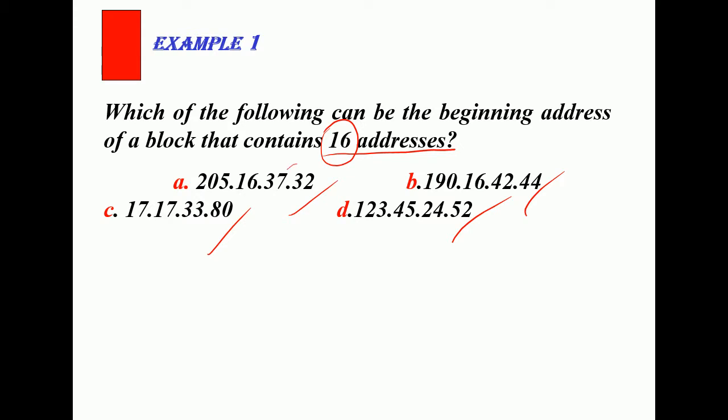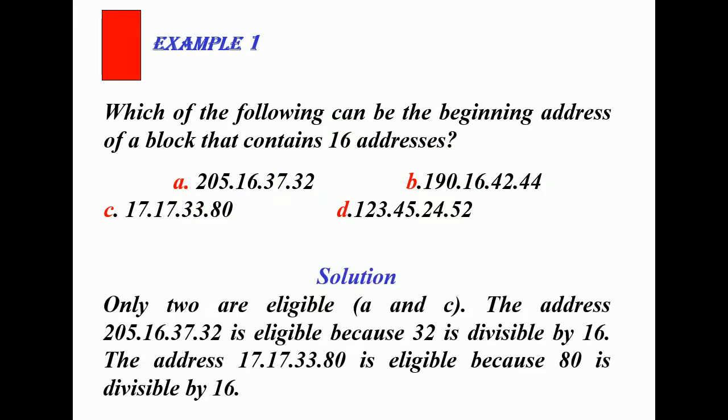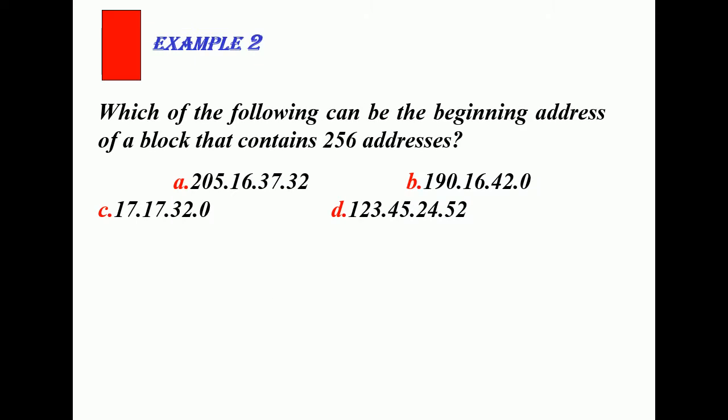So only A and C are divisible by 16, as you can see, right? So A and C will be the answer. Now make it a little complicated. Suppose the block contains 256 addresses, and these are the following addresses. Which beginning address consists of these 256 addresses?